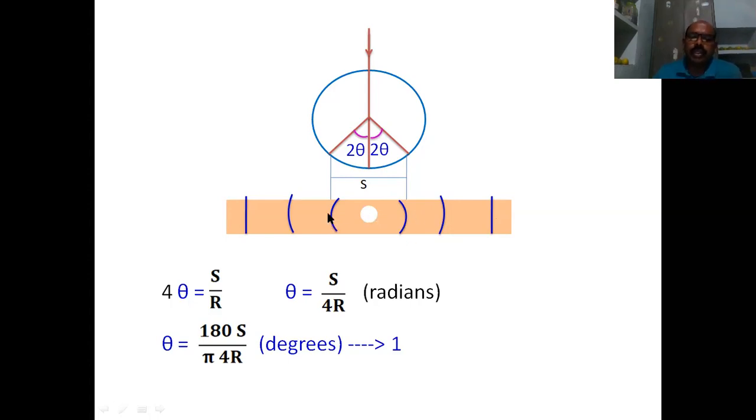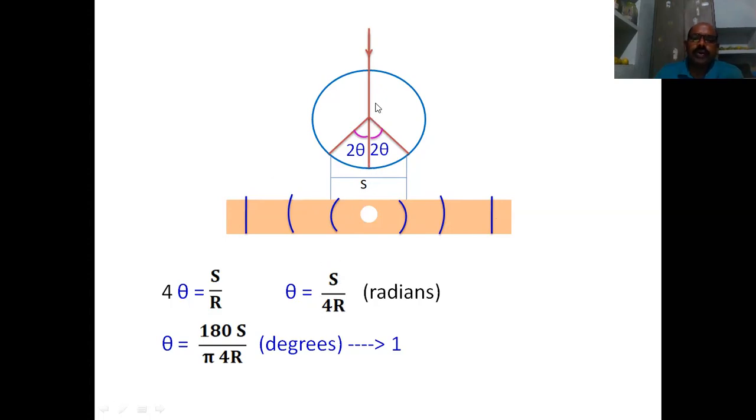Since these are arcs, they correspond to one circular shape. From here to here gives us the diameter, whose length is S. And from this formula, theta is equal to S by 4R.